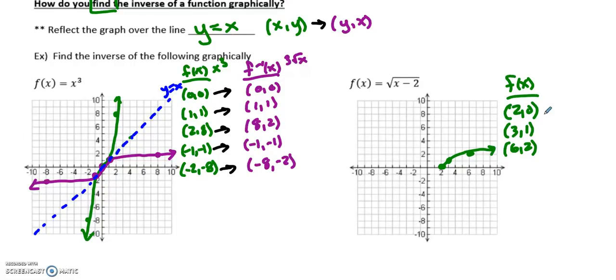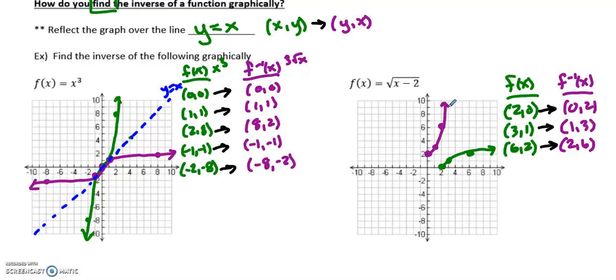I go through and apply the symmetry by swapping the x's and the y's. So f inverse of x is going to be (0, 2). It's going to be (1, 3). It's going to be (2, 6). And if I connect those, I get that part of the graph right there. So that's f inverse. And if I look, I have reflected it across the line y equals x.